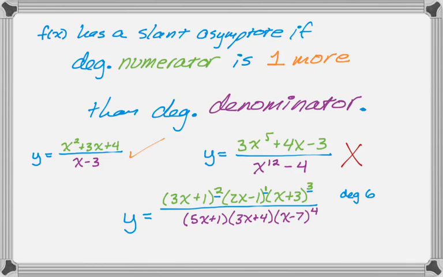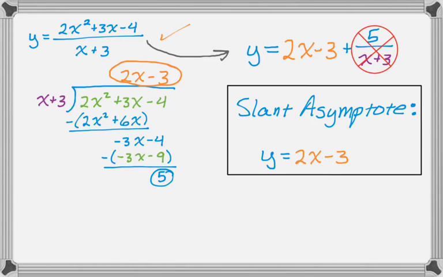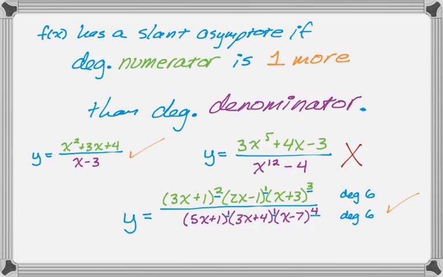And in the denominator, I'm going to put in the 1s, and you have a degree of 6. Since the degree of the numerator equals the degree of the denominator, in this case we are not going to have a slant asymptote, but you have to figure it out. So let's take a look at some examples. I accidentally said there was one. There's not a slant asymptote there.